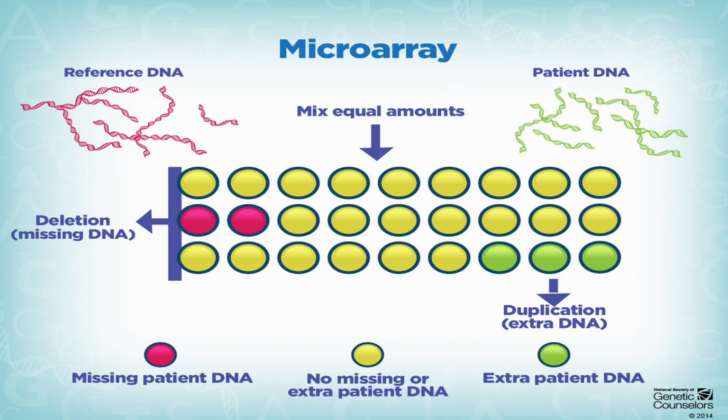The CMA process begins with collecting a sample, typically from blood or saliva. DNA is extracted from the cells, labeled with fluorescent dyes, and mixed with a reference DNA sample, which serves as a control. Both the patient and reference DNA are hybridized onto the microarray chip, where probes bind to matching regions of the genome.